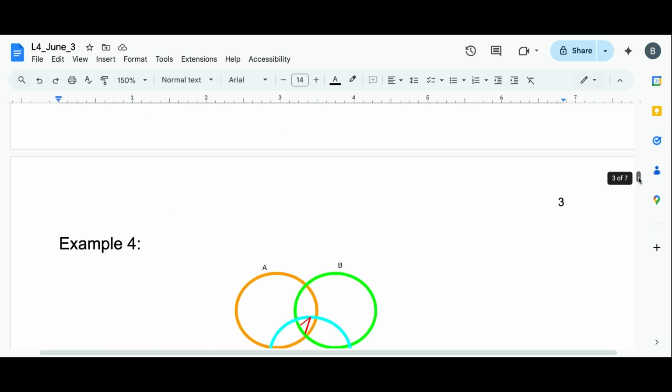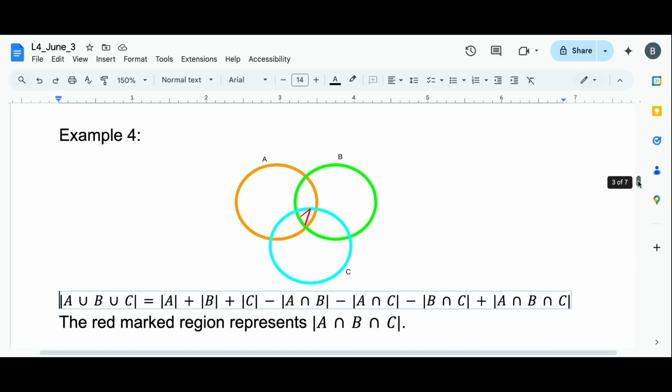As you go up and increase the number of sets, it gets a little bit messier. We had to add up the 3 individual sets, then subtract off the intersections, then add back in the triple intersection. If you continue going, you have this alternating situation here: addition, subtraction, addition.